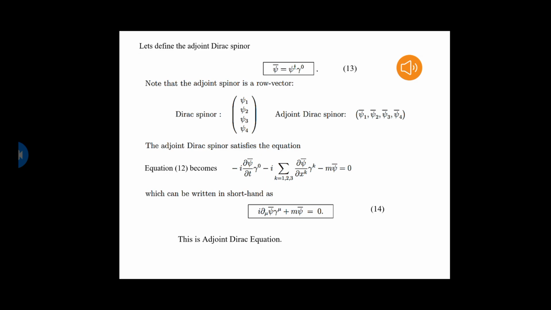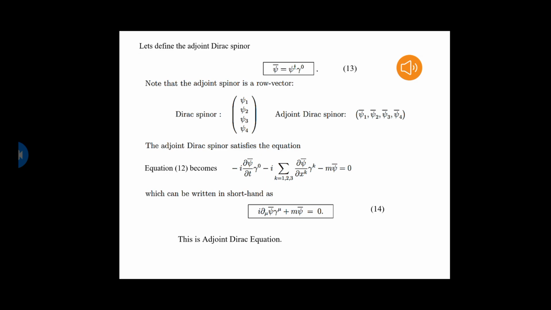The adjoint Dirac spinor satisfies the equation, and equation 12 becomes minus iota partial psi bar over partial t gamma naught minus iota summation k is equal to 1, 2, 3 partial psi bar over partial x raised to power k gamma k minus m psi bar is equal to 0, which can be written in shorthand as iota partial mu psi bar gamma mu plus m psi bar is equal to 0, marked as equation number 14.